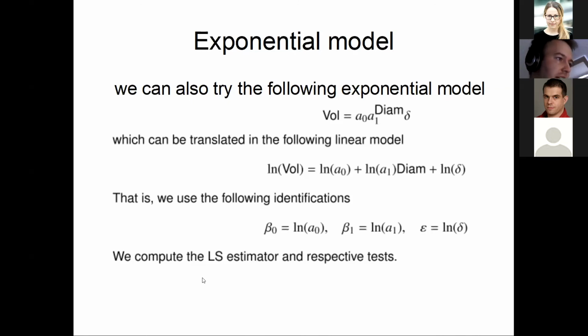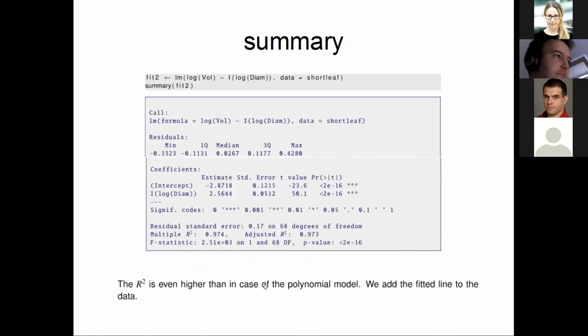And then we can again compute the least squares estimator and the respective tests. And we see that an intercept is fitted, and we have an estimate here for the logarithm of the diameter. And what's nice here, if you look at the adjusted R squared, we can see that the R squared is even higher than in the case of the polynomial model.